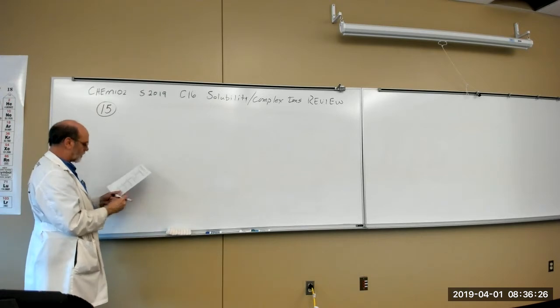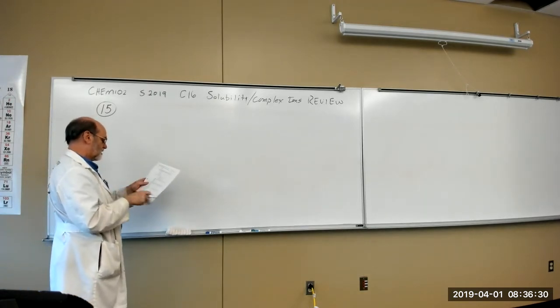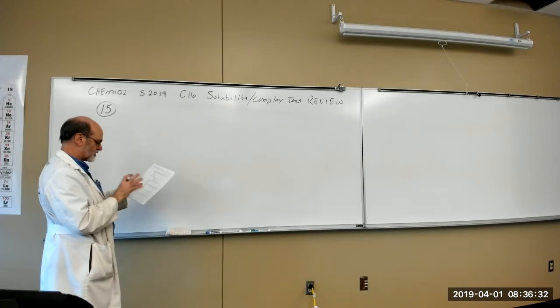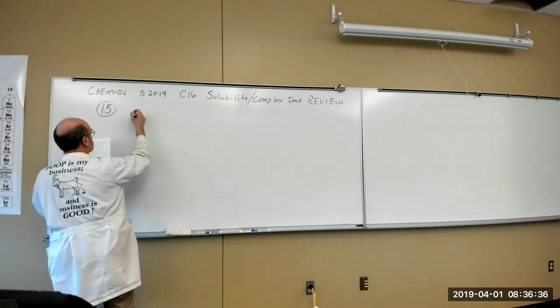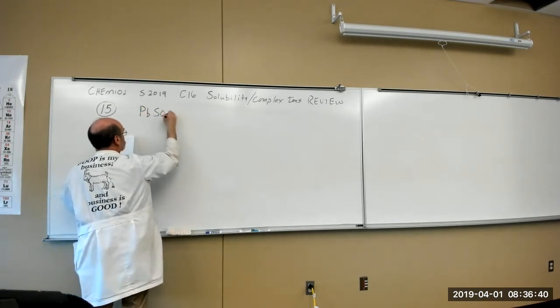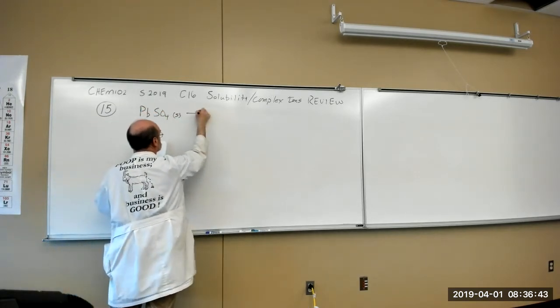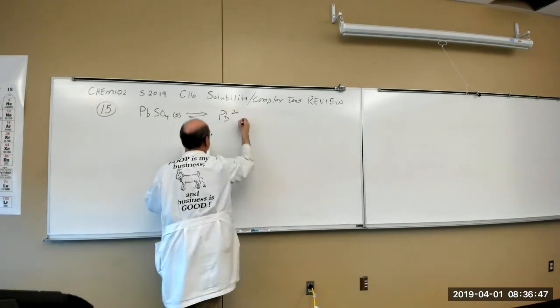Calculate solubility. Okay, so we're going back the other direction, except this is in a certain concentration of sodium sulfate. So here's lead sulfate going into solution. Lead 2 sulfate, I should say.